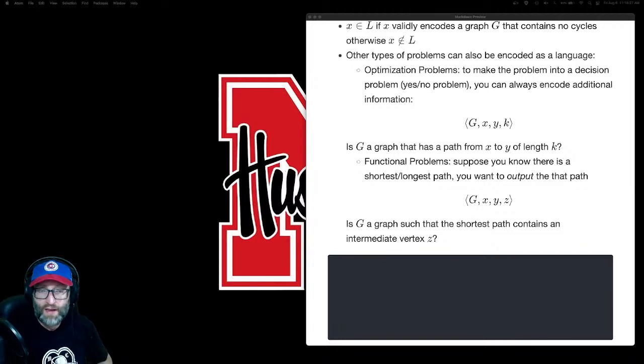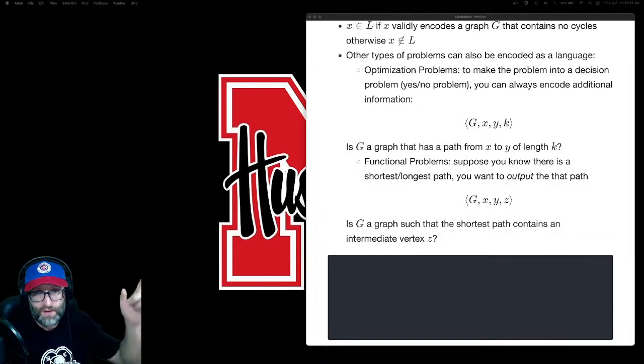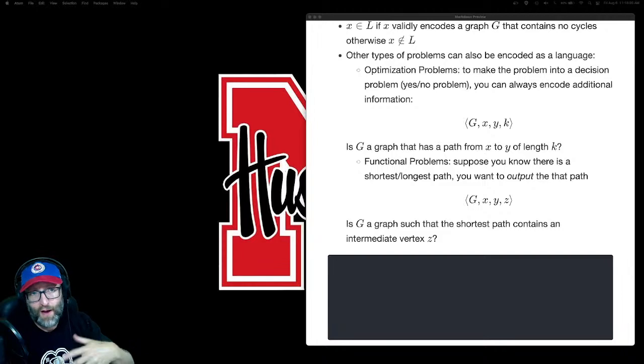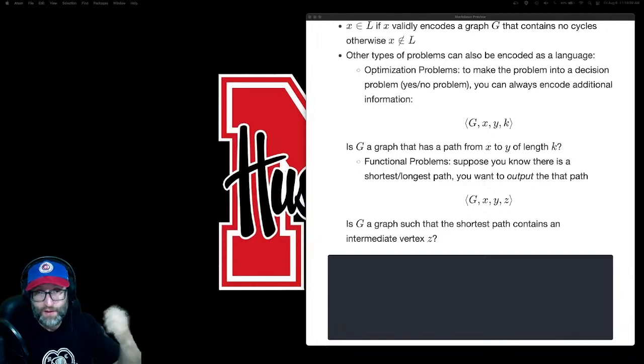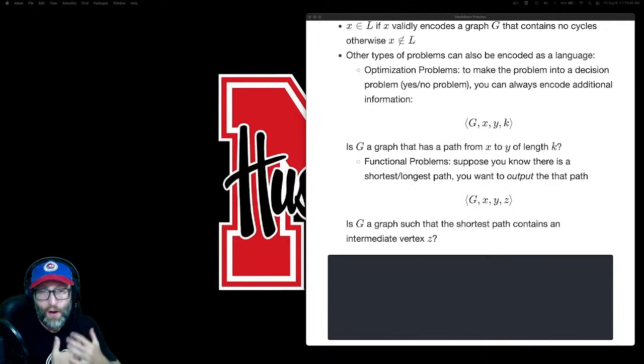And then you can start asking this question over and over again: does it include that vertex? Does it include that vertex? Or you can formulate an even better version so that you can ask, what's the next vertex? Is this the next vertex? Yes or no? Is this the next vertex? Yes or no? And then finally, you can build that path by simply asking that question over and over again from a decision version of the language. Okay?